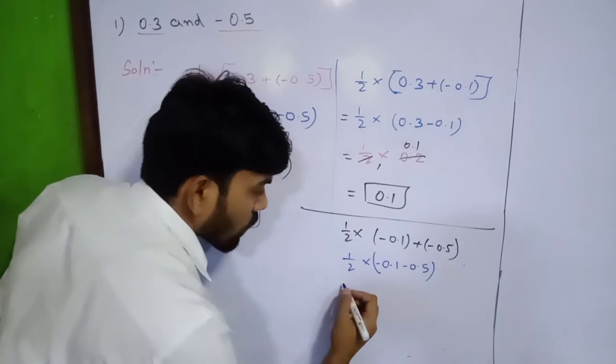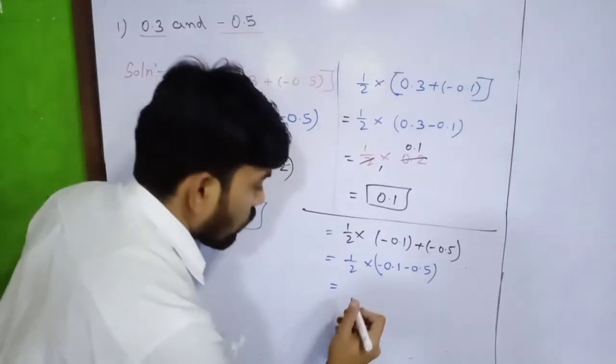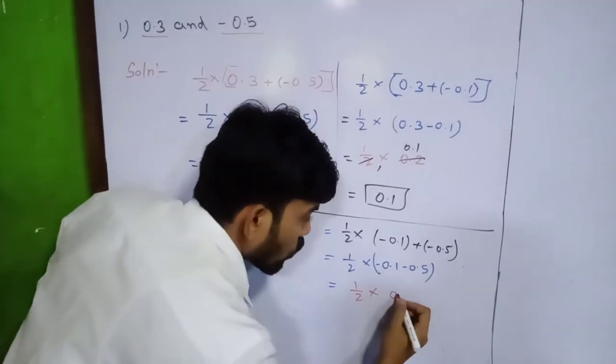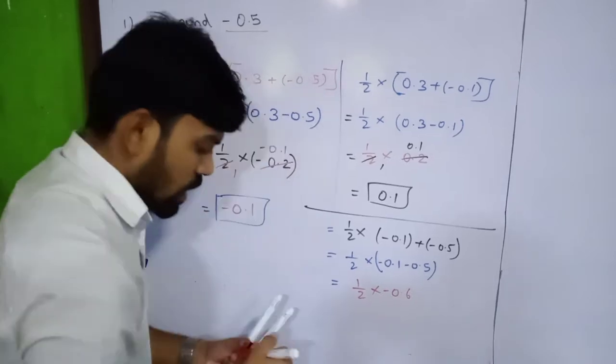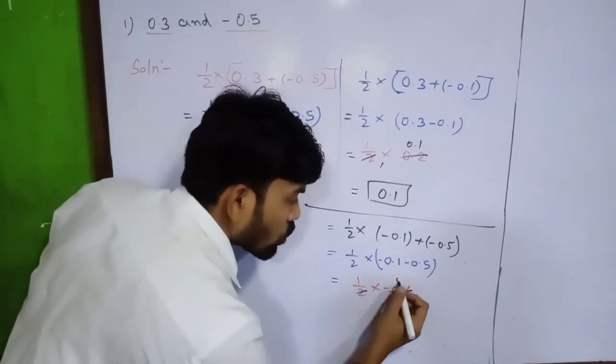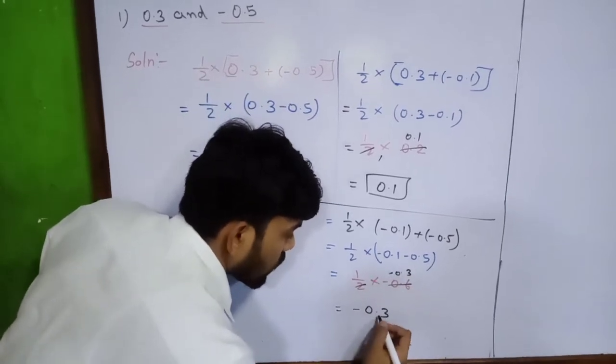This way, in the next line we are getting 1/2 into, both are minus, add it, 0.6 and the sign should be minus. Do the cancellation. 2 1s are 2, 2 0s are 0, 2 3s are 6, minus should be there. So minus 0.3.